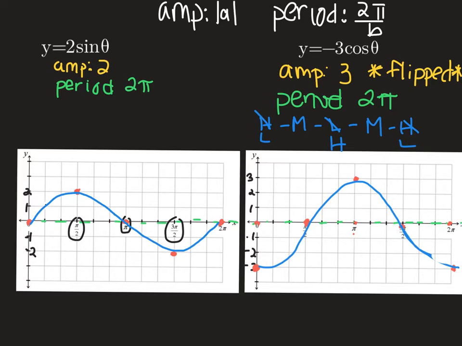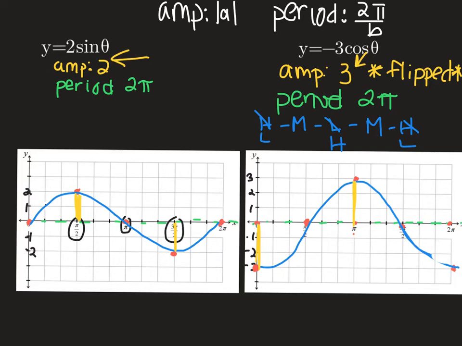Okay, so a couple things I want you to notice. Notice that on this sine graph, from the midline to the highest point is 2. From the midline to the lowest point is 2. That's representative of my amplitude. Here on the cosine graph, from my midline to my lowest point, or my midline to my highest point, is 3, which is representative of the amplitude of 3.